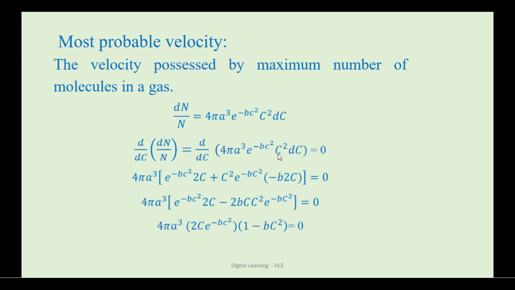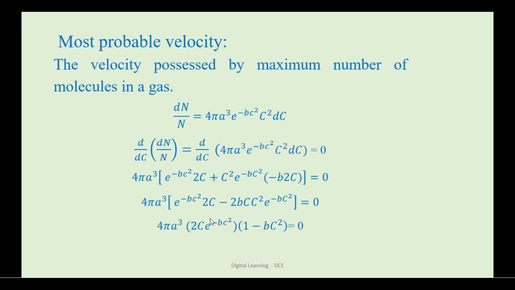terms are the variables. Then on differentiating this equation, we get 4 pi a cube, first by considering this term as a constant, then e to the power of minus bc square into 2c plus c square e to the power of minus bc square into minus 2bc, that is equal to 0.